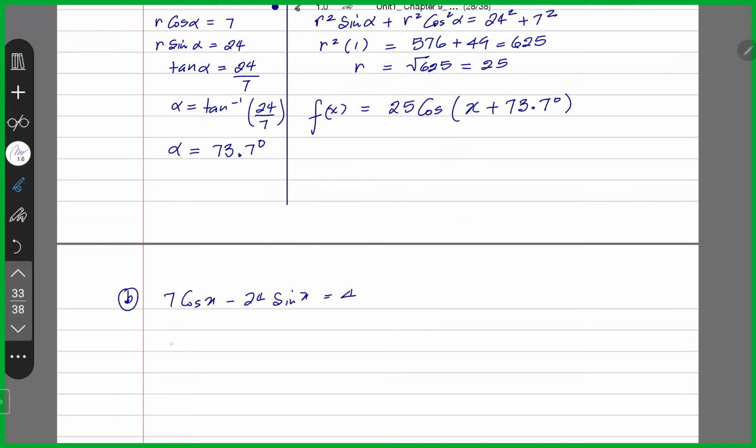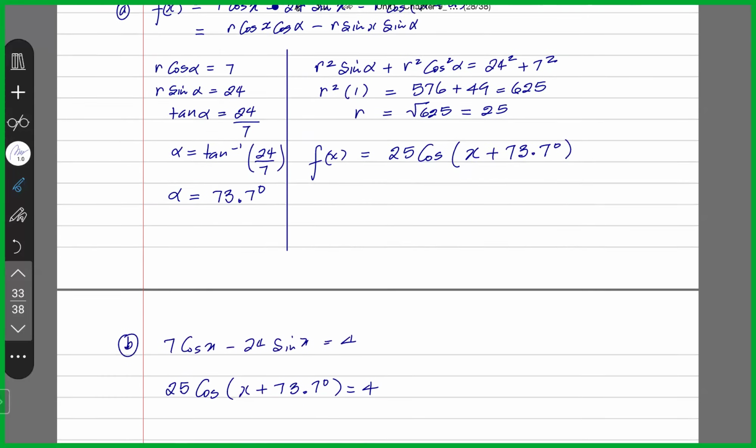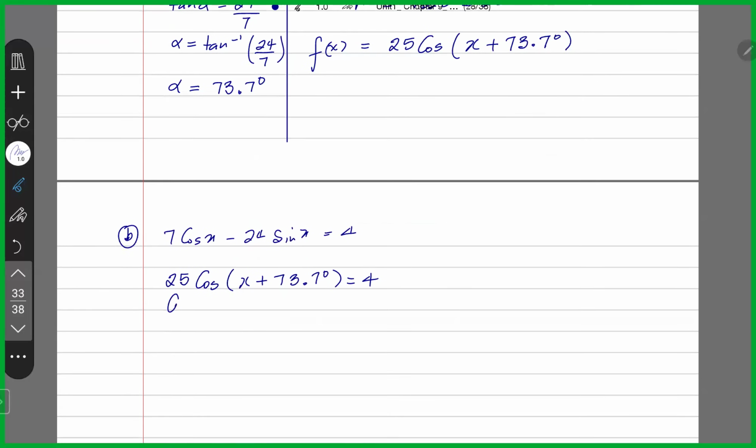So this becomes 25 cos(x plus 73.7 degrees) is equal to 4. Let's see if they give us a range of the answer. They want values of x between 0 and 360 degrees. So cos(x plus 73.7 degrees) is equal to 4 over 25. So x plus 73.7 degrees is equal to cos inverse of 4 over 25.